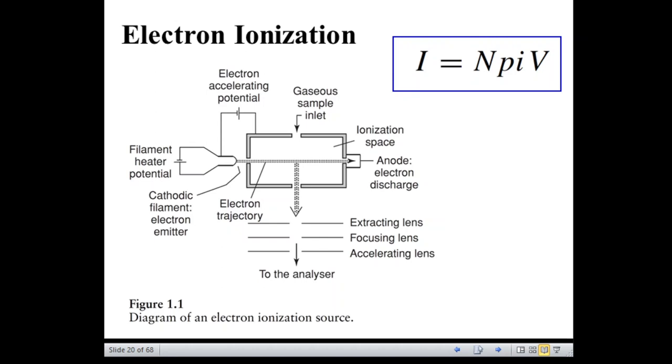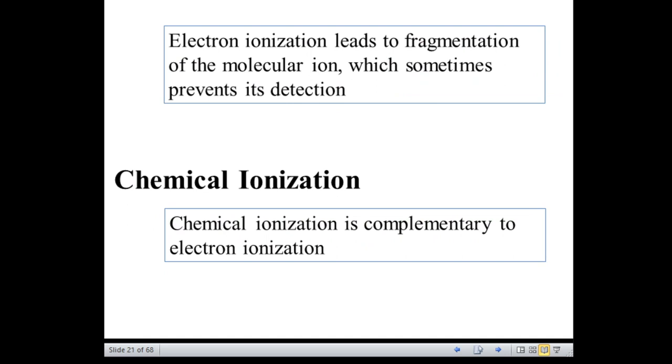So this is an important limitation that is associated with the electron ionization source. That means electron ionization leads to fragmentation of the molecular ion, which sometimes prevents its detection.